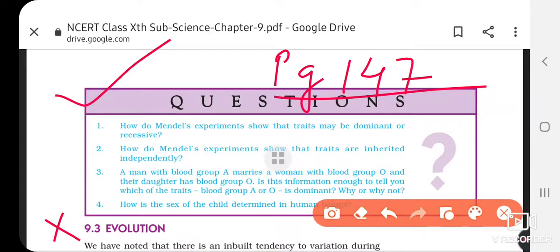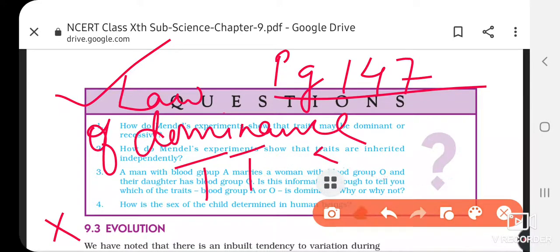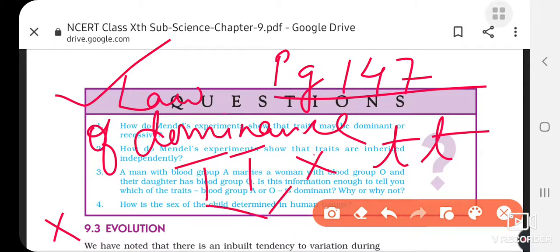How do Mendel's experiments show that traits may be dominant or recessive? Just remember the law of dominance of Mendel, where he took the tall variety and crossed the tall variety with the dwarf, okay, and in F1 he got all plants tall because tallness was dominant over dwarfness.